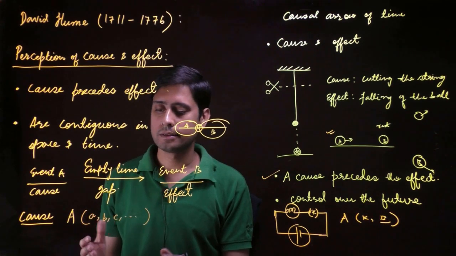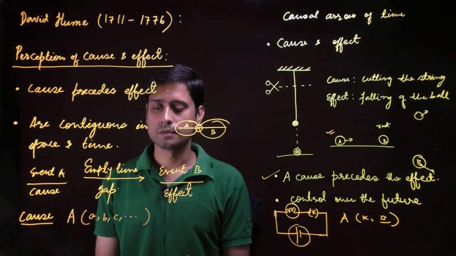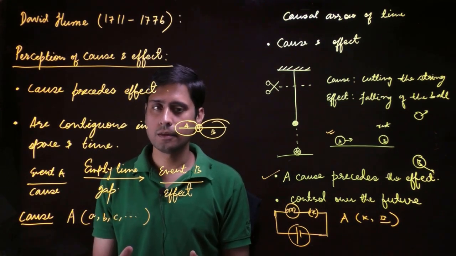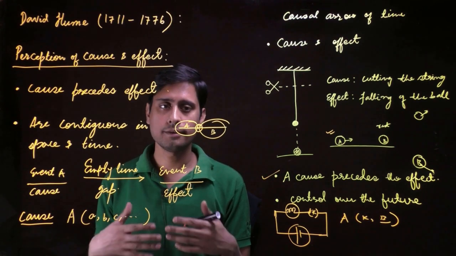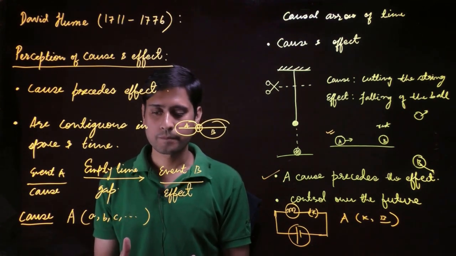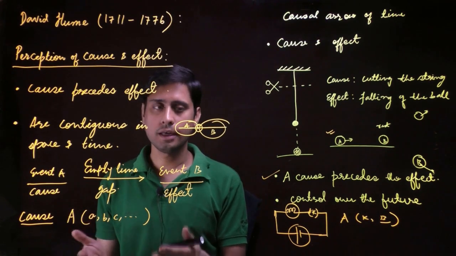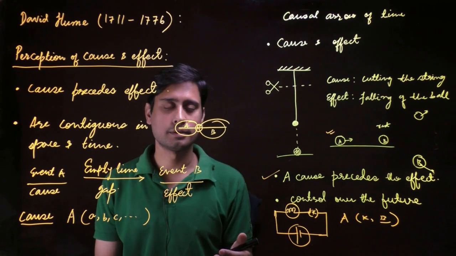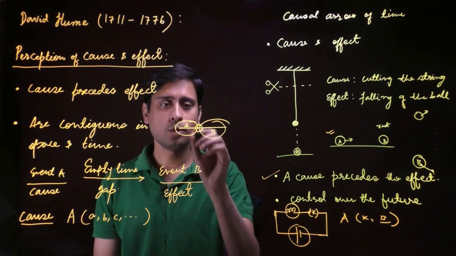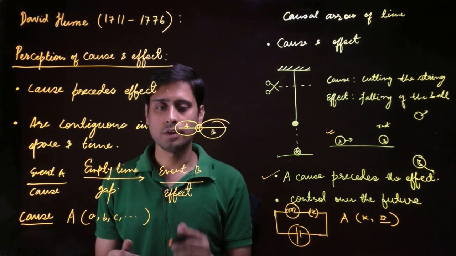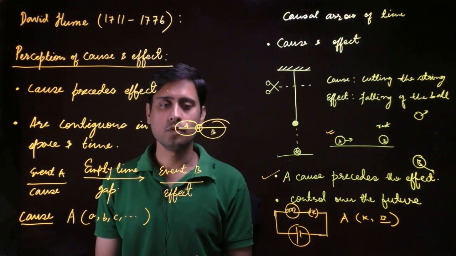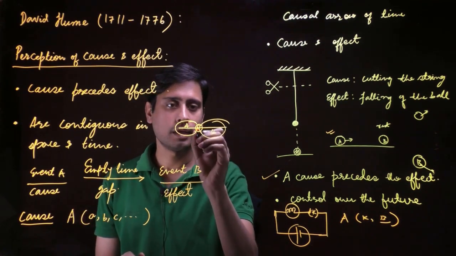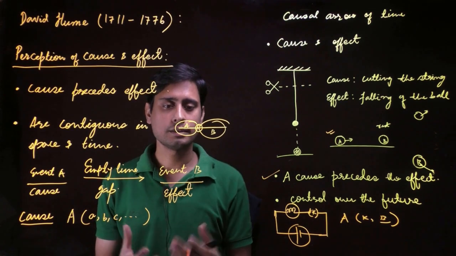If these conditions have been satisfied, or they have come into existence together, then event A has occurred, and as soon as event A has occurred, event B or the effect will occur. Now if there is no gap between these events A and B, then you will have to assume that events A and B are occurring simultaneously.